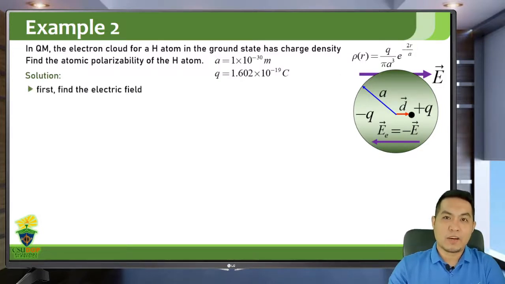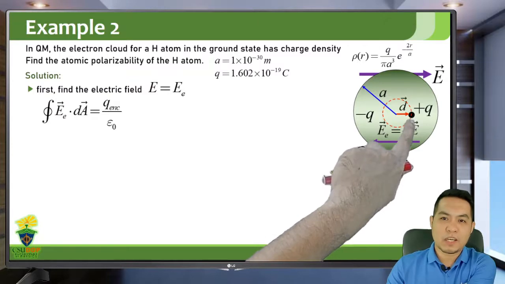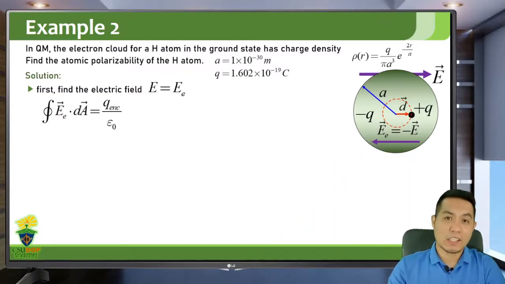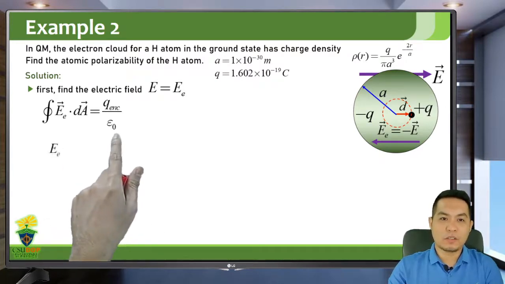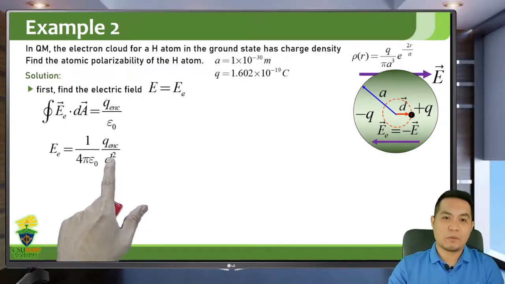First we need to find the electric field of the cloud, and we do that using Gauss's law. What's the electric field at point d, a distance d from the center of your electron cloud? Using Gauss's law, you basically get kq over d squared, where q here is the charge enclosed.